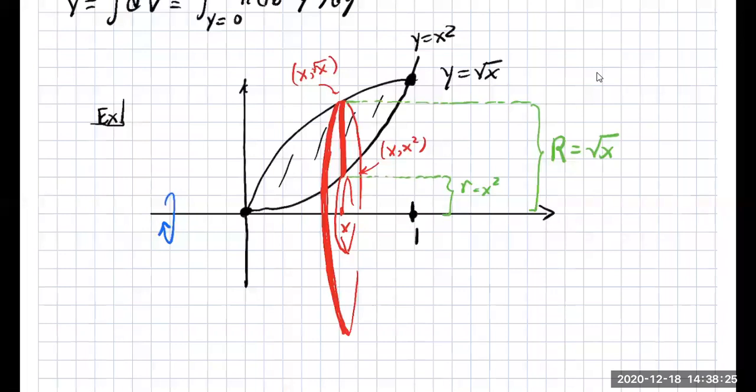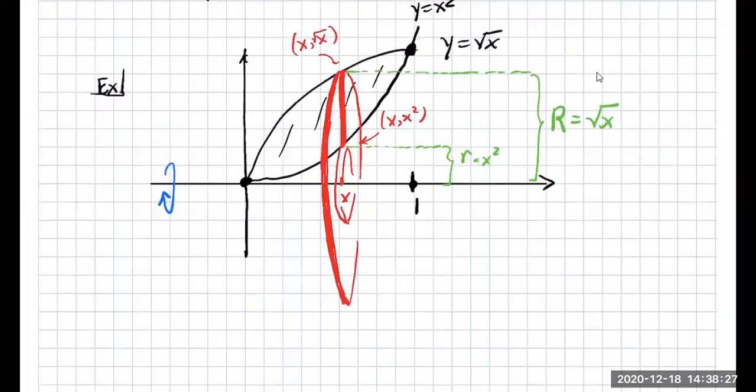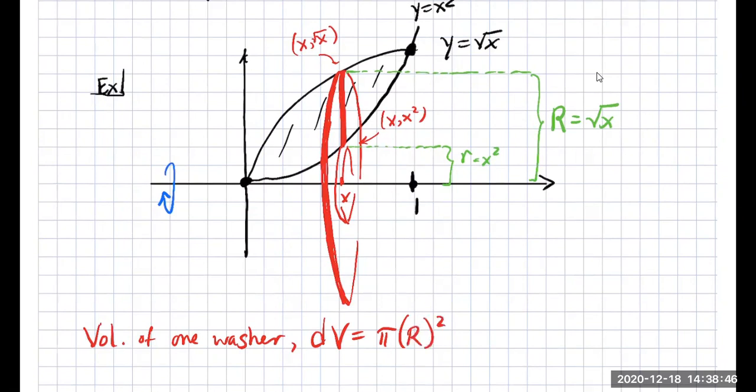Okay, let's calculate the volume of this one washer. Okay, so it's going to be pi times the outer radius, I'll just call it capital R, squared times the thickness, minus pi times the inner radius squared times the thickness.